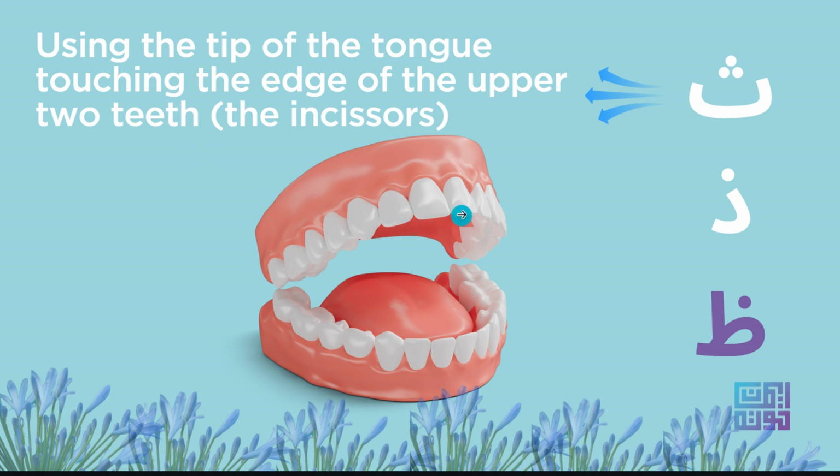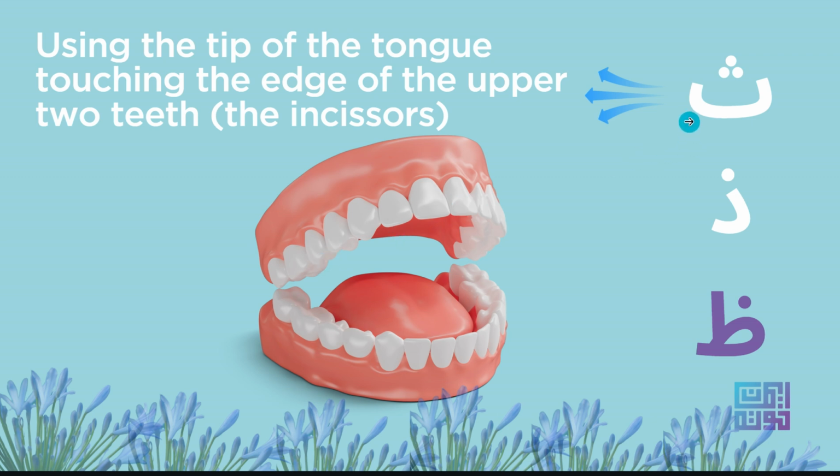When we pronounce the letter dha, the whole tongue rises while the tip of the tongue touches the edge of the upper two teeth. But pronouncing the letter tha and dhal, the tongue does not rise. It's just the tip of the tongue that touches the edge of the upper two teeth. So the tongue is opened, while in the letter dha, the tongue is closed. It's closing against all this area.